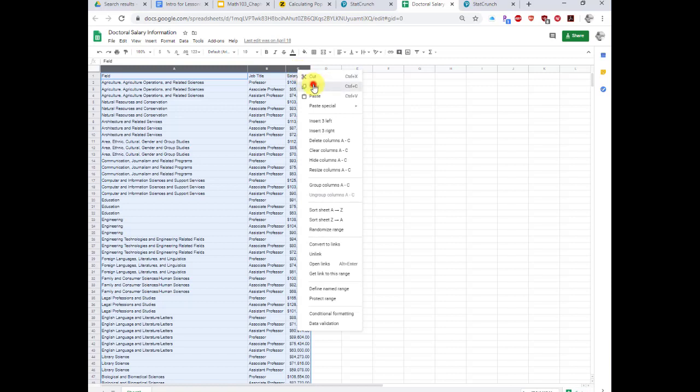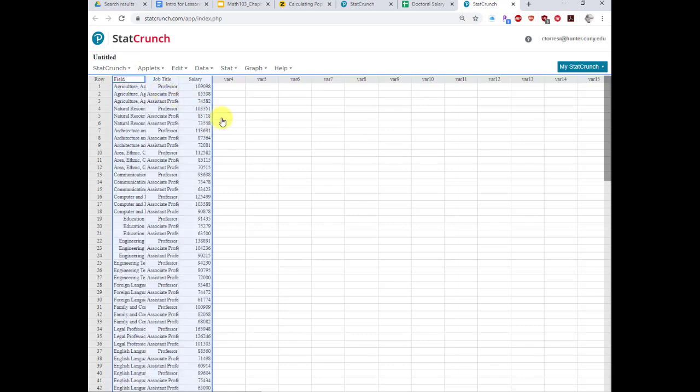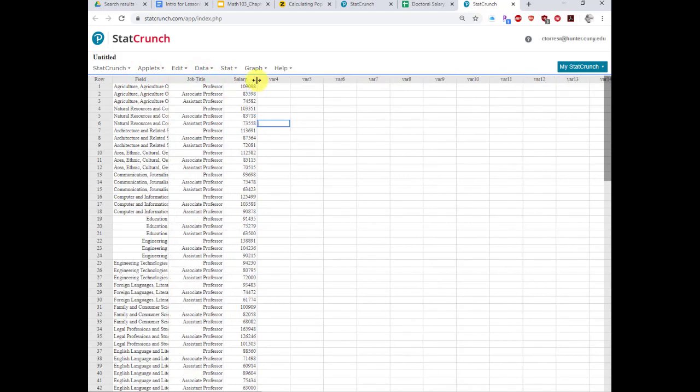Right click and copy, go to StatCrunch, and remember you click where it says var1, and I like to use Control V to paste everything. If you're working with a Mac, you would use Command V.